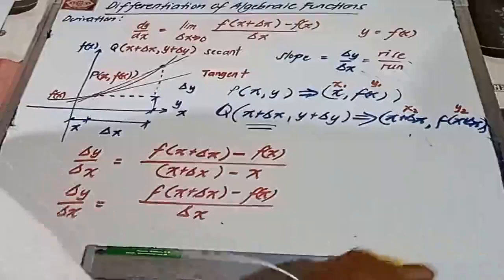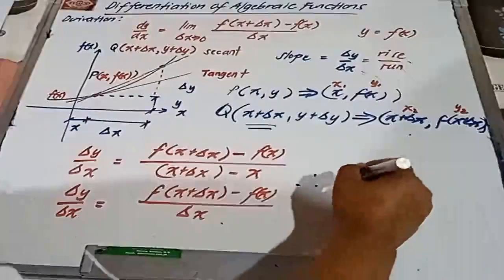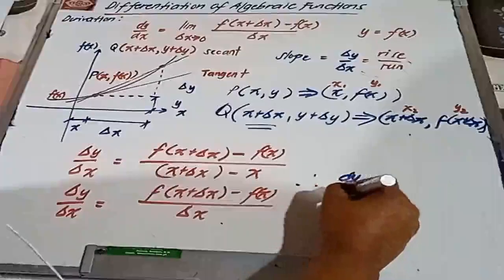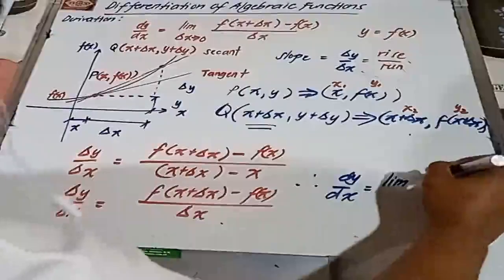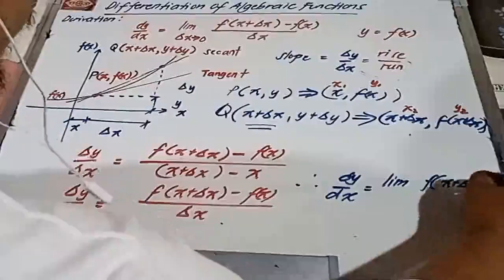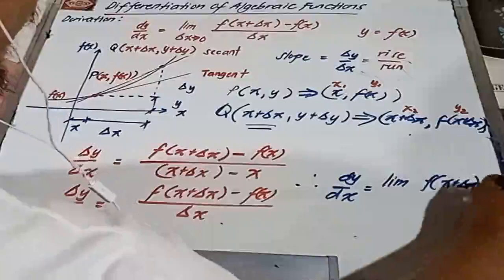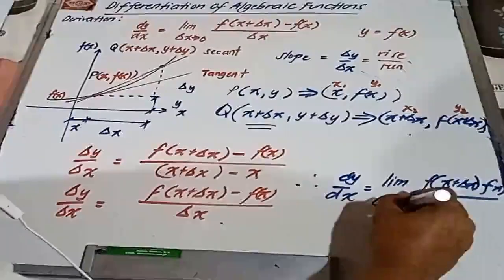So therefore, using the concept of limit, we can say that dy over dx is the limit of this function, f of x plus delta x minus f of x over delta x as delta x approaches 0.